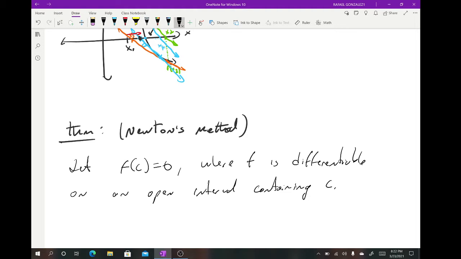So the output f evaluated at c is equal to 0, meaning that c is the x-intercept. Then, to approximate c, we use the following steps.